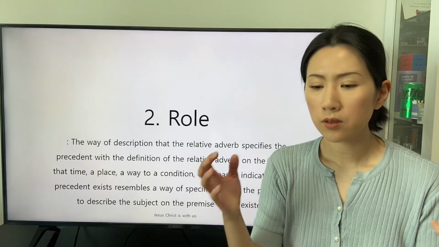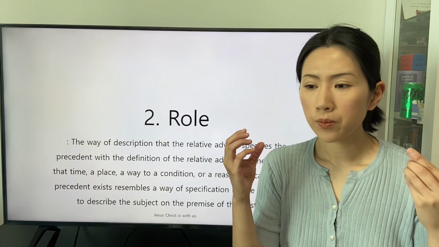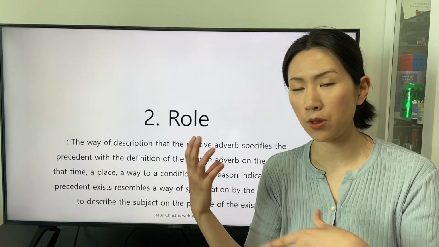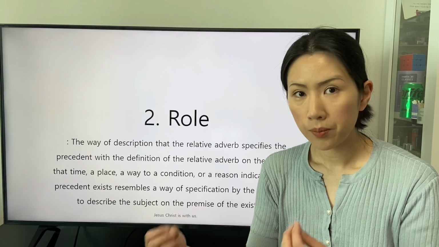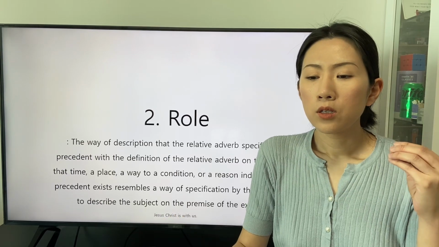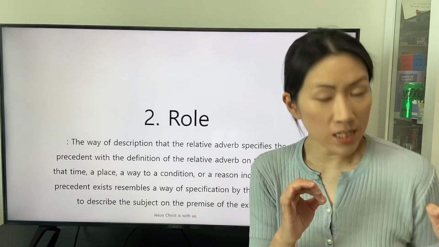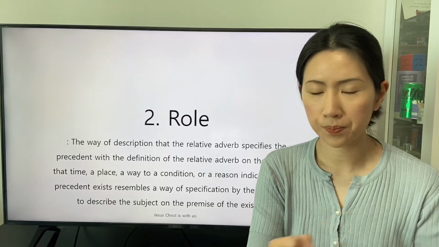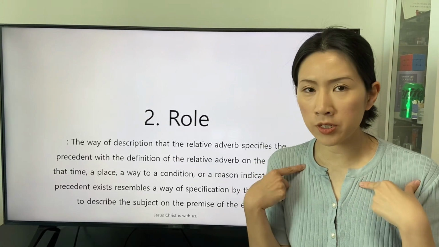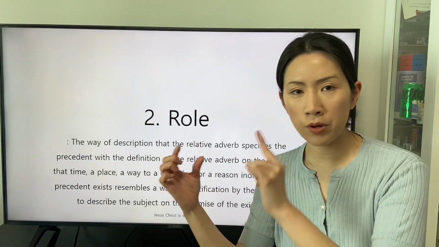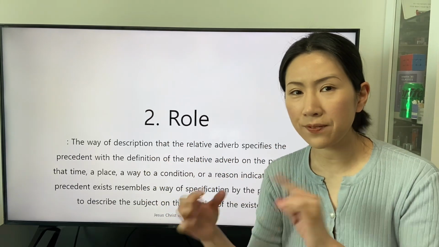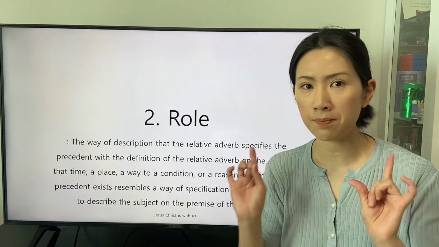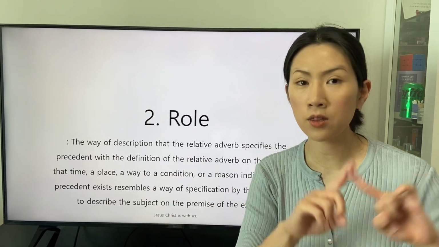From this relationship between the subject of the preposition and the preposition, to specify the existence of the subject of the preposition, we can understand that the relative adverb specifies the existence of the subject or object indicated by the precedent in the main clause.